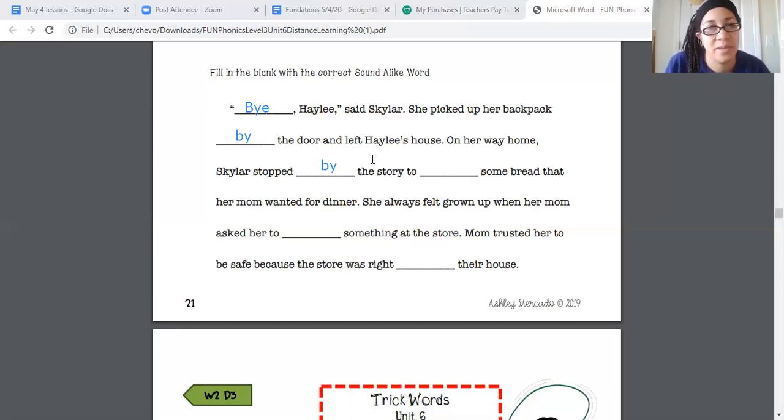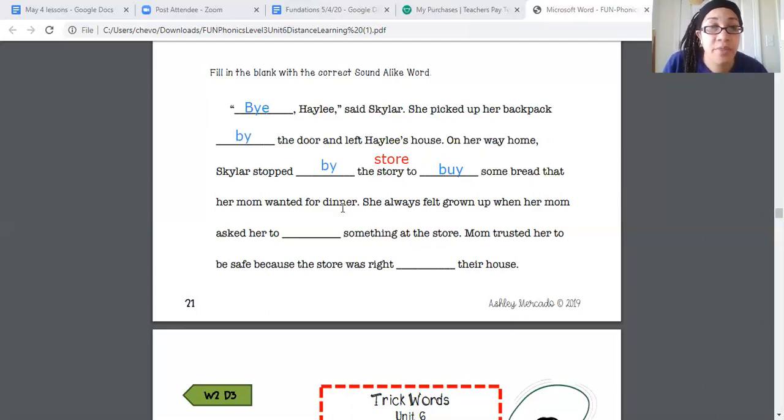This should say store. Let me change this really quick. I'm sorry. This should say store right here. It shouldn't say story. Skylar stopped by the store to buy, she's making a purchase, right?